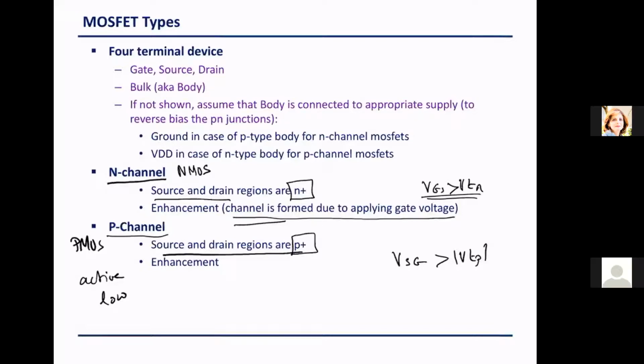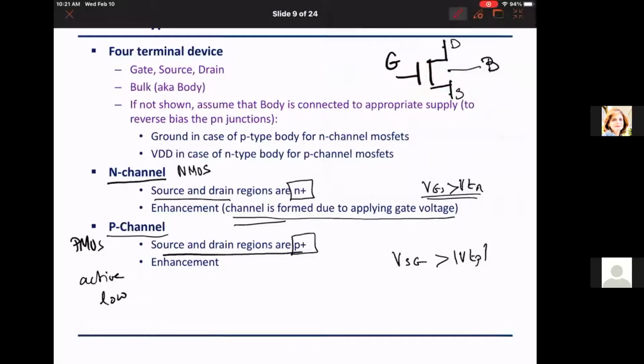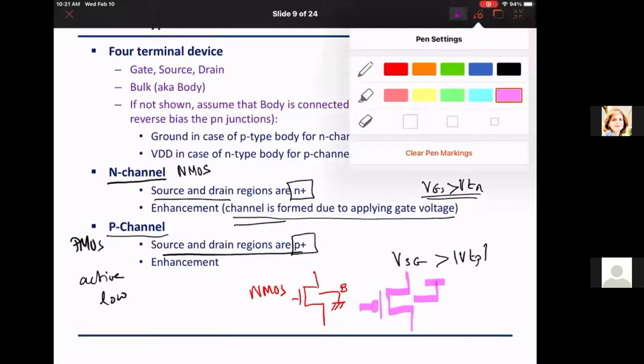So the transistor is really a three-terminal device, gate, drain, and source, but I also have a fourth terminal, which is the body. Typically for the NMOS, the body node is going to be connected to ground, and for the PMOS, the body node is going to be connected to VDD.